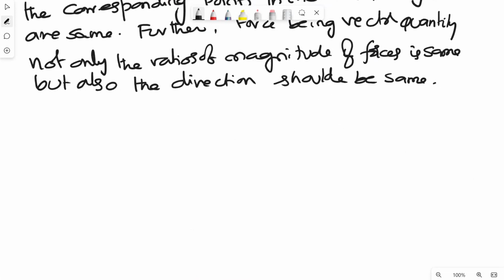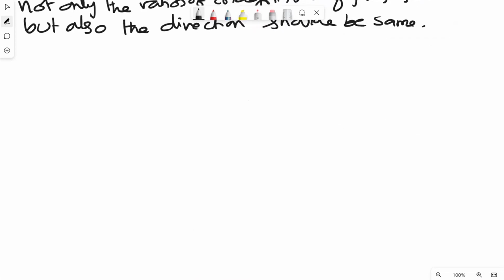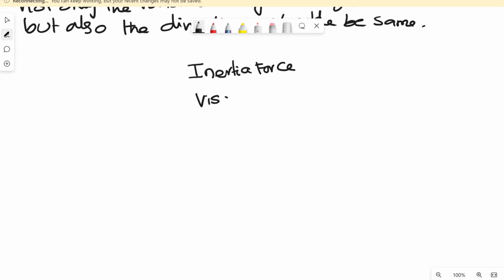Now, whatever dimensionless numbers we have taken, for example, the forces: inertia force is the first one. After the inertia force, next is viscous force. Then gravity force.